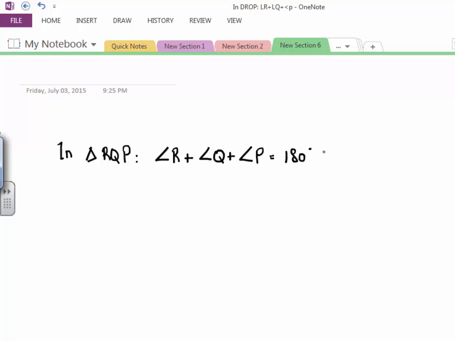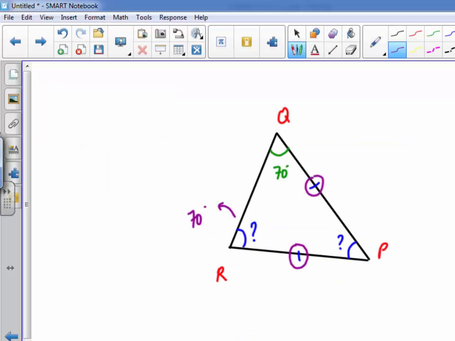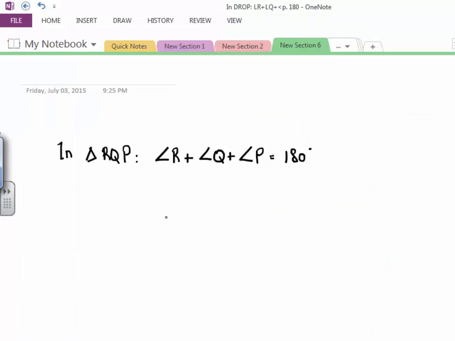This is what we learned today. Do I know angle R? Angle R equals 70 degrees. Excellent. Plus, do I know angle Q? Yes, again 70 degrees. Why? Because it's an isosceles triangle. That means angle P is going to be my unknown angle, equal to 180 degrees.